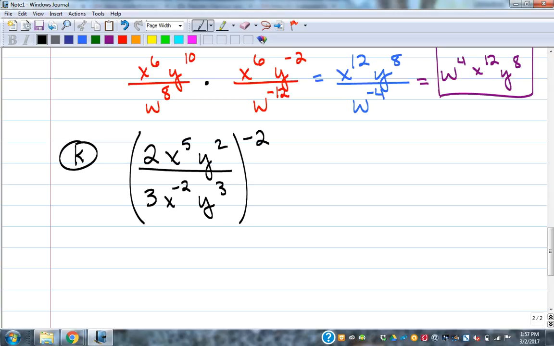What could happen? Anybody? Subtract the exponents on the x's. That's right. So we'd have 5 minus negative 2, which would be positive 7. So in the parentheses, we've got the 2x to the positive 7. I know the 3 is still there on the denominator. What about the y's?